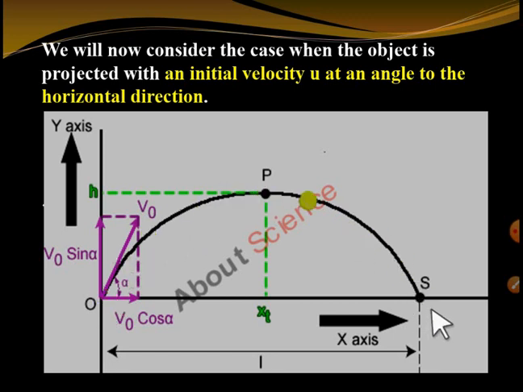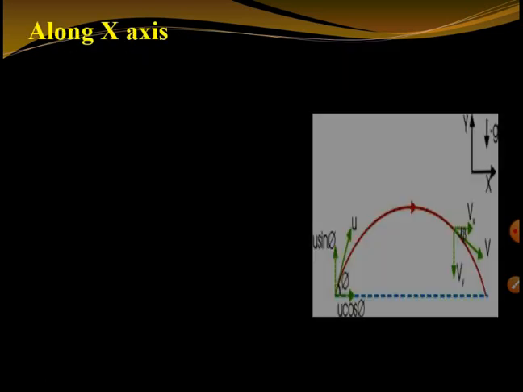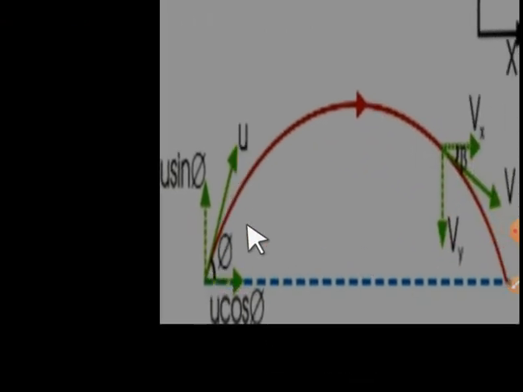Now let's see the next slide. Now along the x-axis, we can denote the velocity of projection as u. In that diagram the angle of projection was denoted by alpha, but here it is denoted by phi.